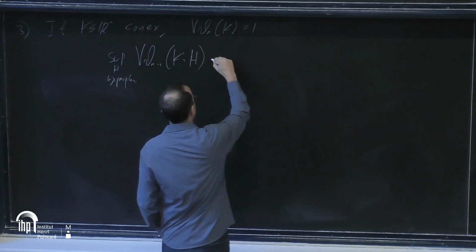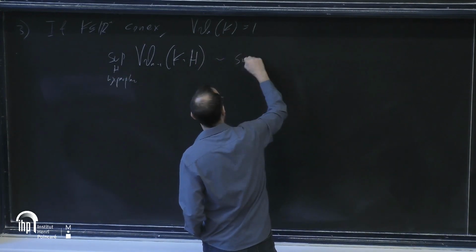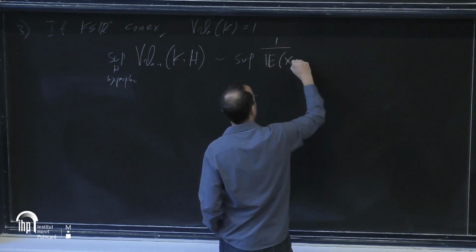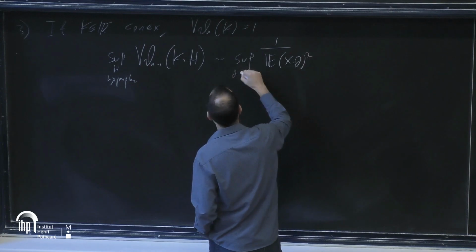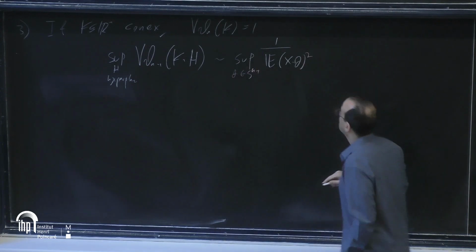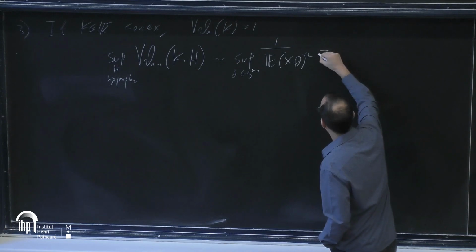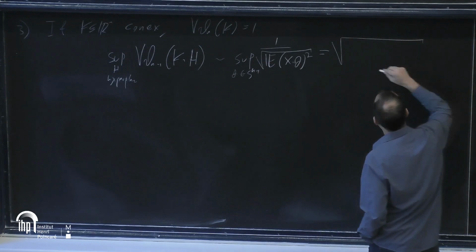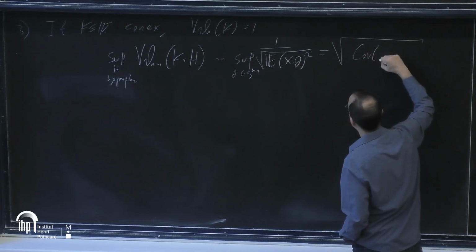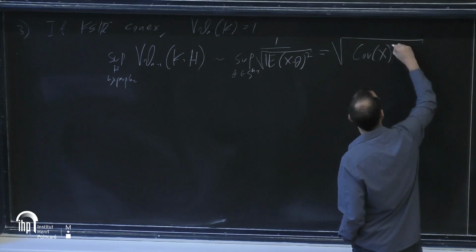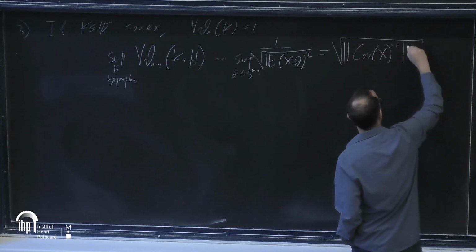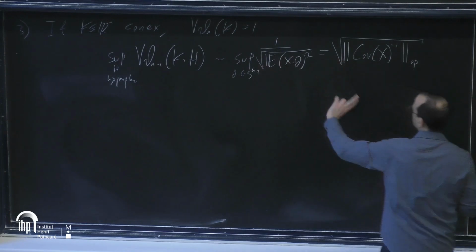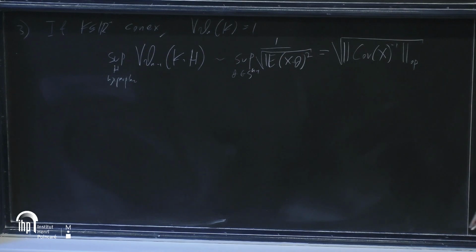We know that this is the supremum of 1 over the L2 norm of X theta squared, where theta is a unit vector. That's what we said. And this actually maybe equals the operator norm of the inverse covariance matrix. Yeah, because it's inside, it will be a minimum. So yeah. Okay.